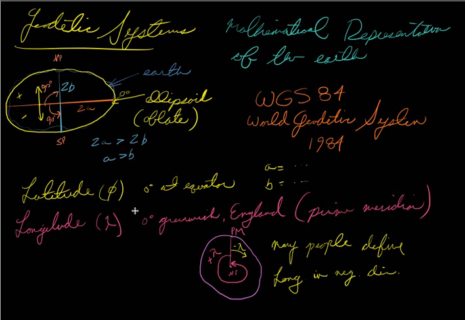So where I live is around negative 71 degrees, right? 71 degrees lambda. And if I define that positively, that would be what? It would be 360 minus 71, which is 289 degrees. Positive would be 289 degrees.